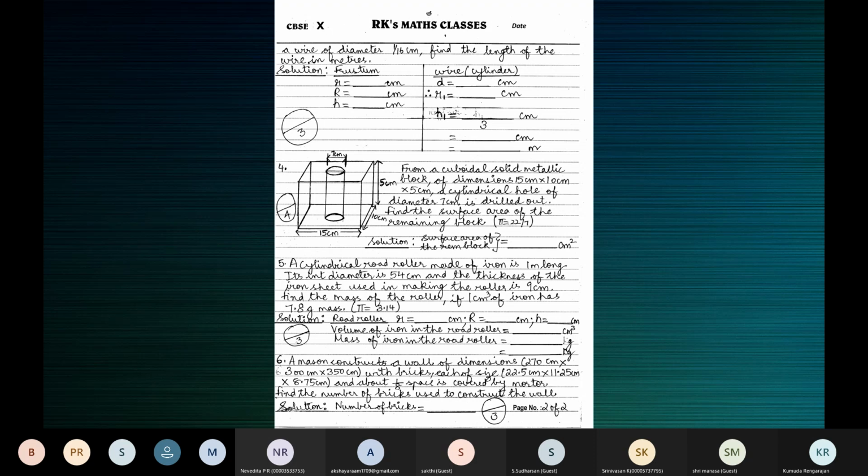Anybody else? The surface area of the remaining block.